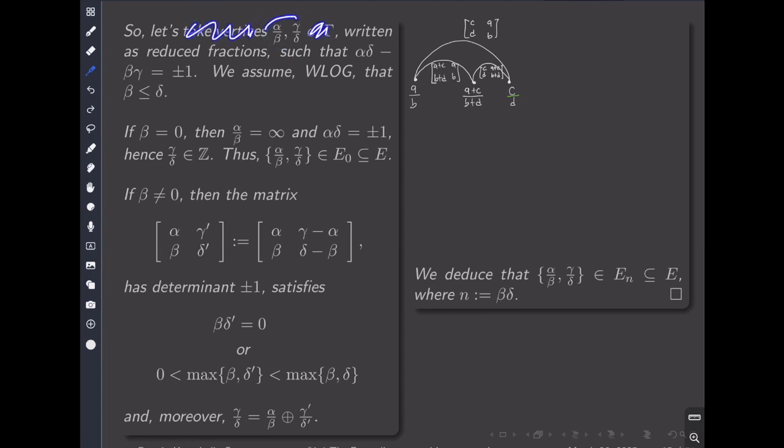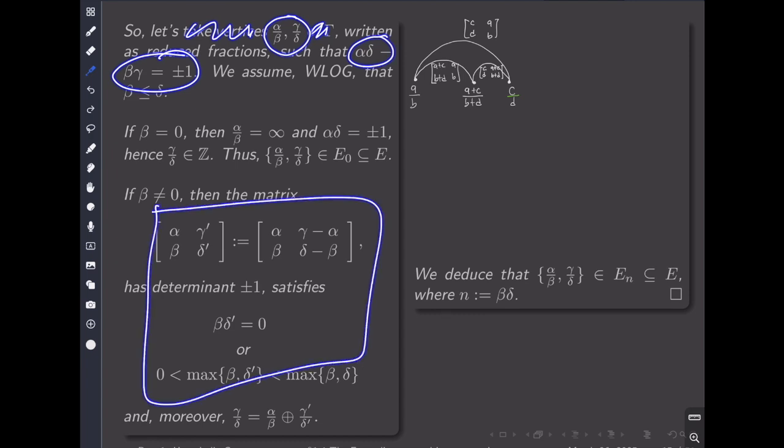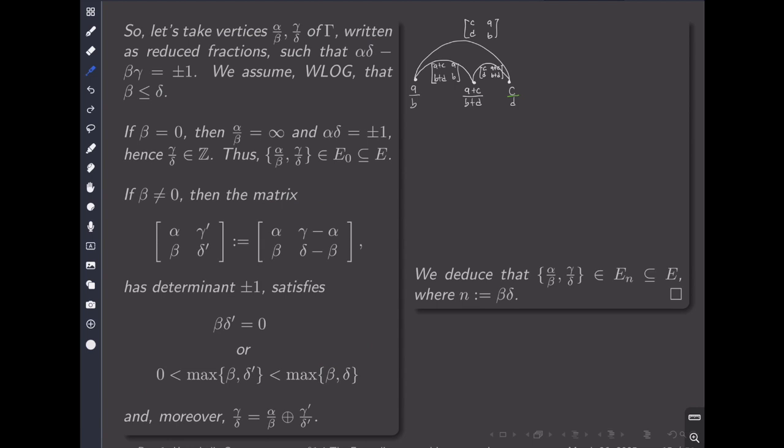I just needed to know that the determinant was plus or minus 1 to be able to apply this process and conclude that I can go back by subtracting the smaller from the bigger, go back to something with the denominator 0 and an integer, so connected, and then they are actually vertices of gamma, and then come back and say, okay, vertices of gamma connected.